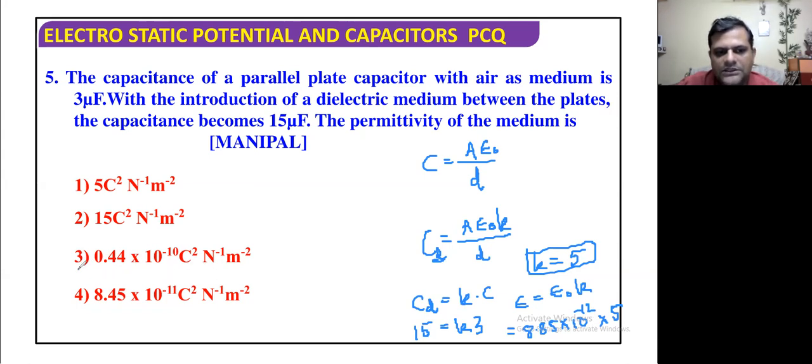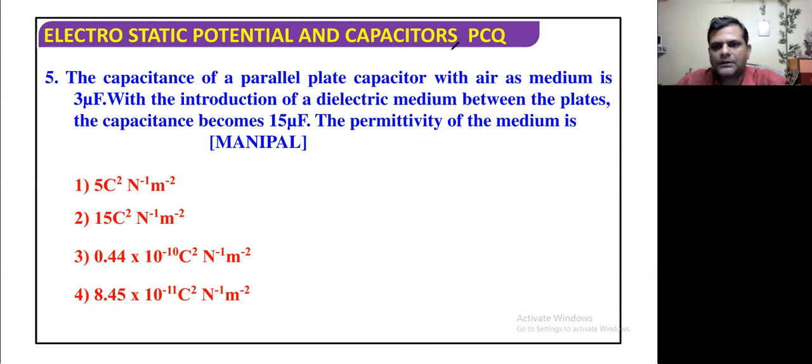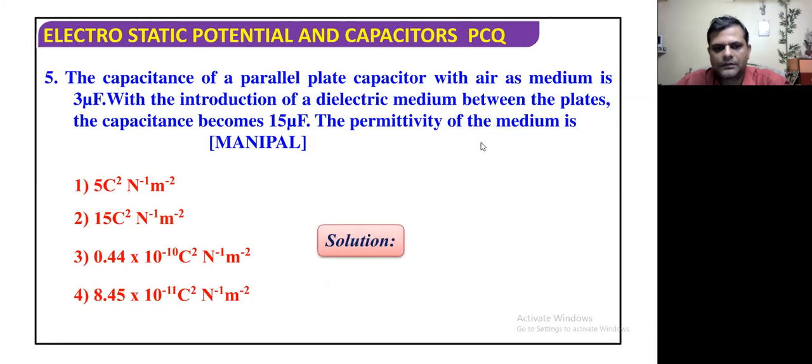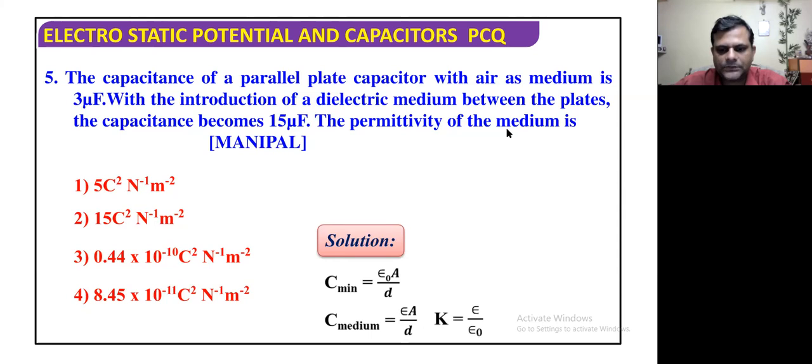So you can just select this 0.44 into 10 raised to minus 10 as the correct option. Okay. Yes. Same thing is obtained here.